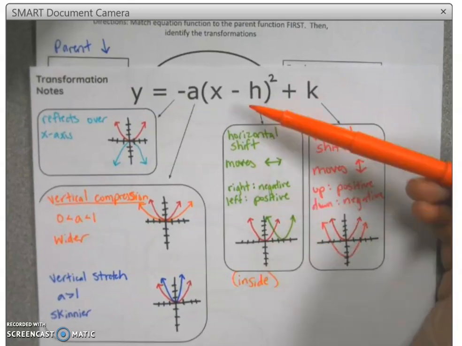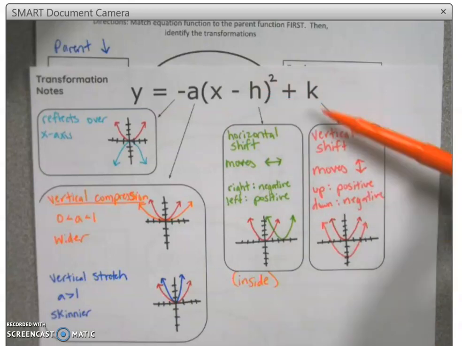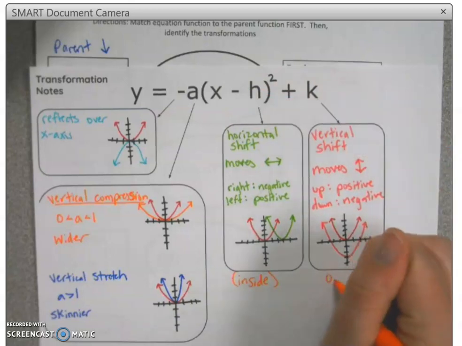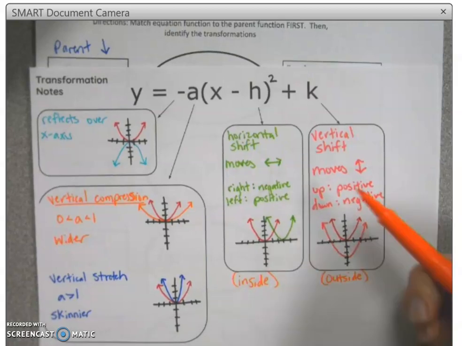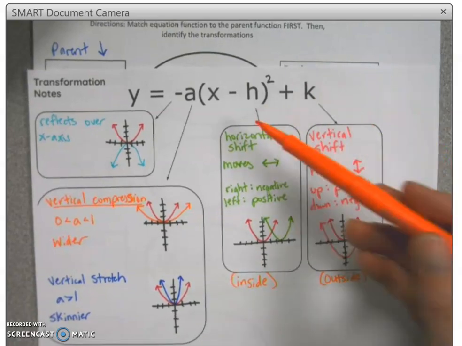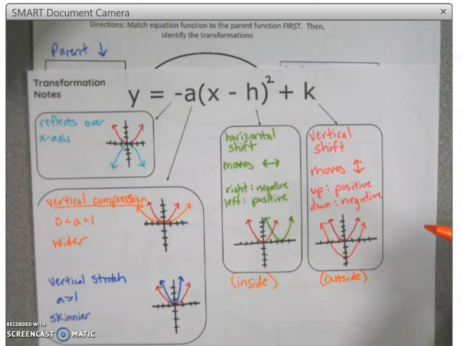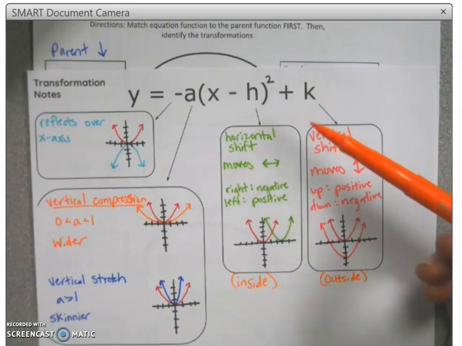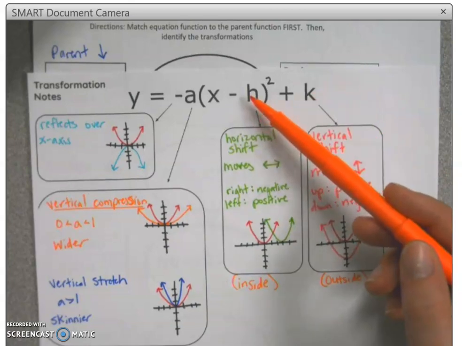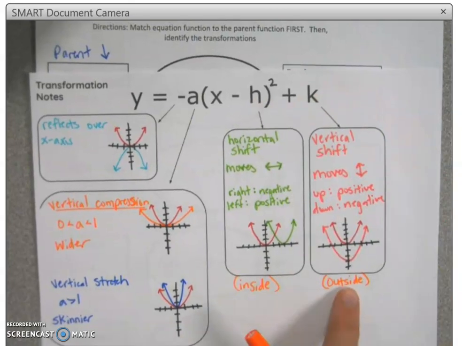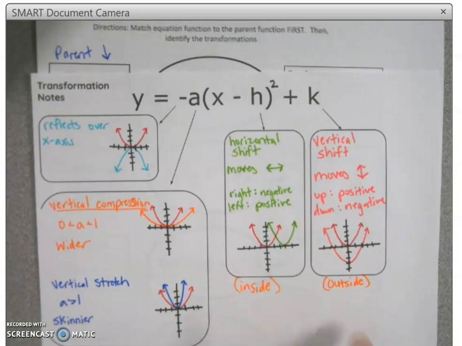It is inside of whatever we got going on. K, this is what I consider the outside number, because it is outside the parentheses, outside the absolute value bars, outside the exponent, outside of the radical. Whatever you're dealing with, K is always on the outside, and H is always on the inside. So maybe you want to add those real quick. That way when I talk about them, you know what I mean.